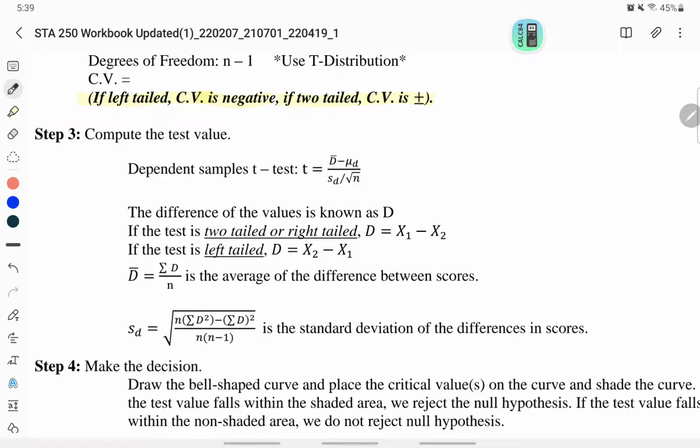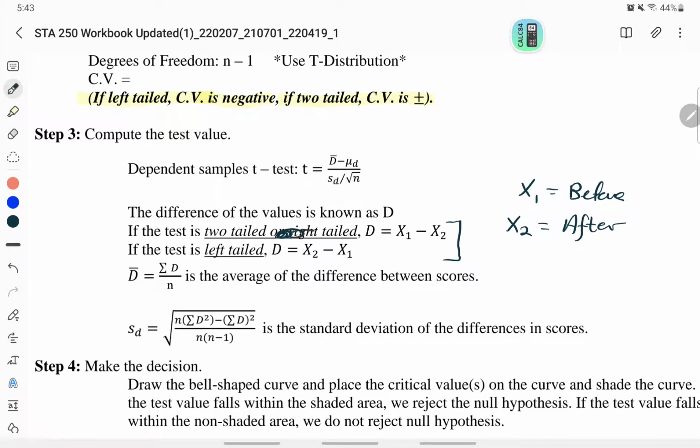Now, depending on the direction of the test, you must compute d accordingly. If the test is two-tailed or right-tailed, d is score 1 minus score 2. Usually, score 1 is the before, and score 2 is the after. Matter of fact, I want to change something.